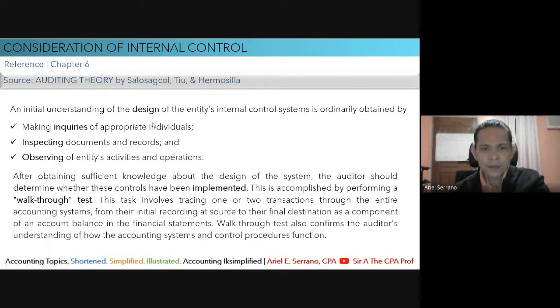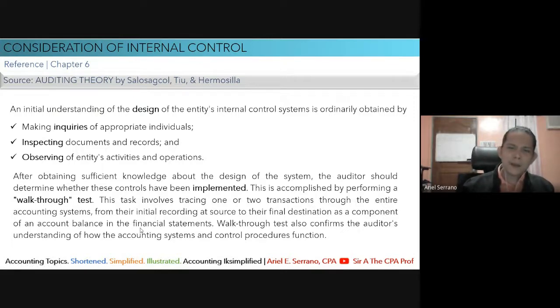Sabi dito, etong task ng walkthrough involves tracing one or two transactions through the entire accounting system from the initial recording at source to their final destination. Kaya nga sinabi ko, from start to finish. Okay? Walkthrough also confirms the auditor's understanding of how the accounting system and control procedures function.